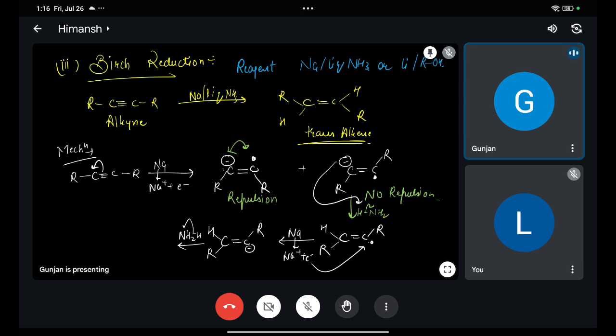NH3 will further release H positive, and that H positive gets the electron from this negative, and ultimately we get this structure. Got it or no? Ma'am, in presence of this, the triple bond converts to a double bond, ma'am.